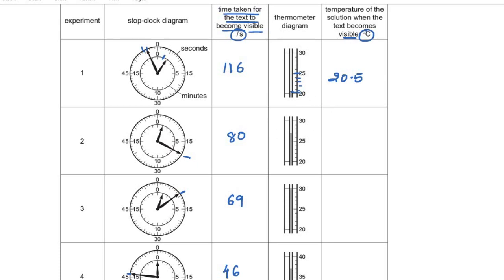We go ahead with the next. It's 2 marks more than 25, so it should be 27. I would write 27.0, because if we are writing in 1 decimal place, the other readings also have to be in 1 decimal place. The next reading is exactly 30, so I'll write 30.0. The last, you can see that it is 37, so 37.0 degrees Celsius.